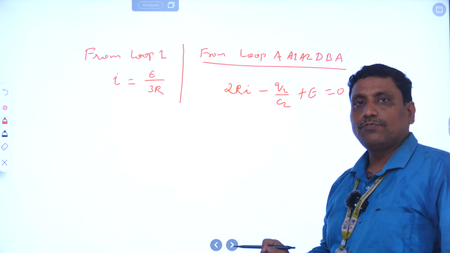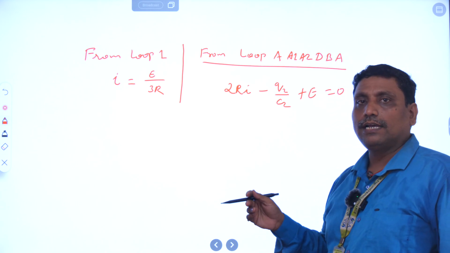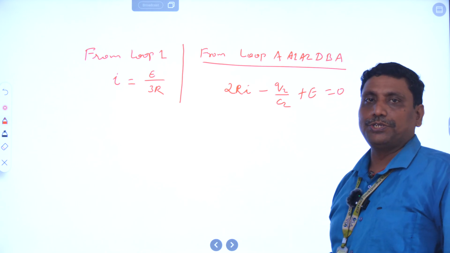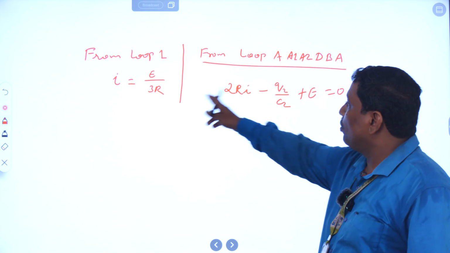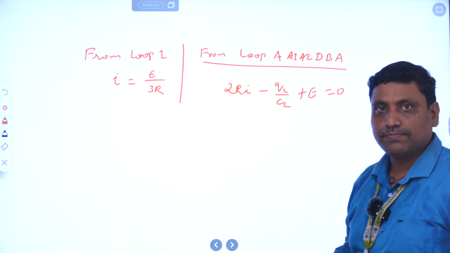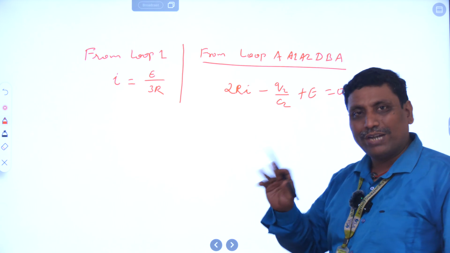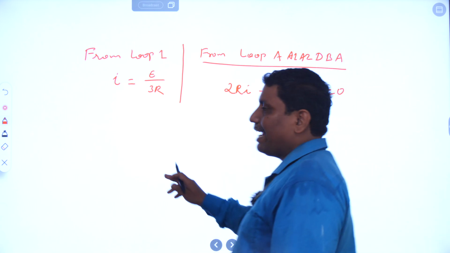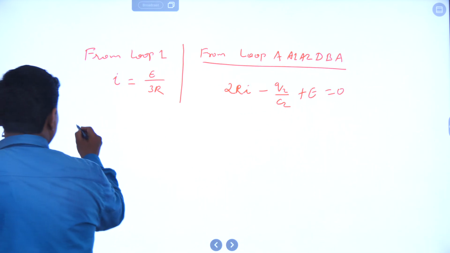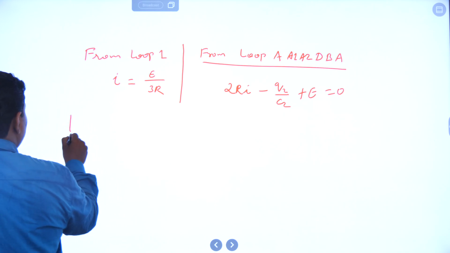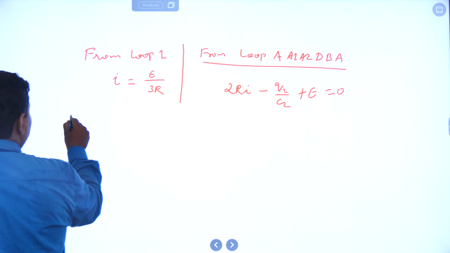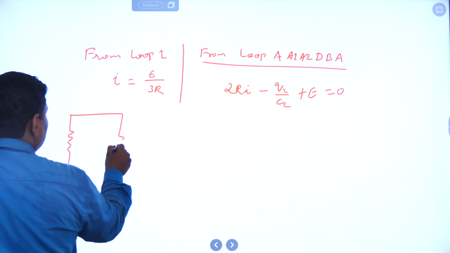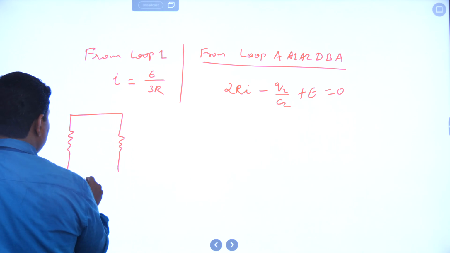But the question is, find the relation, what is the value of C1 divided by C2, right? So in both the equations there is no C1 term. So consider one more loop. Okay, so again I draw the circuit here for understanding. This is 2R, this is R, between this is the battery.